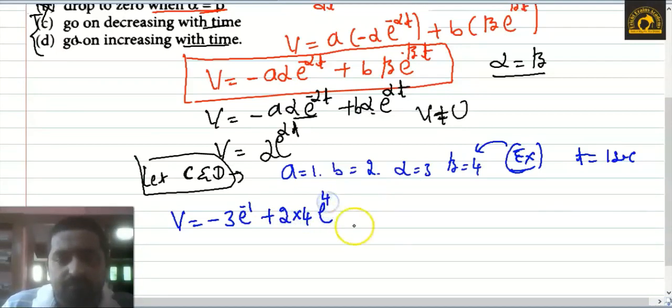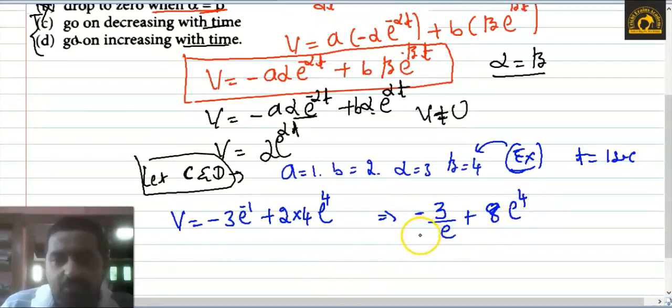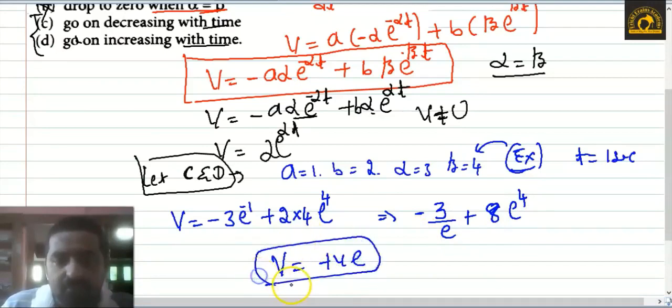After the calculation, the answer is minus 3 divided by e plus 8 into e to the power of 4. Which is a positive value, 100%.